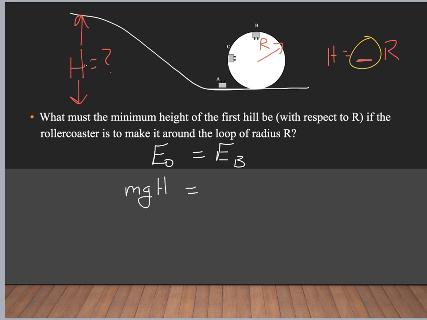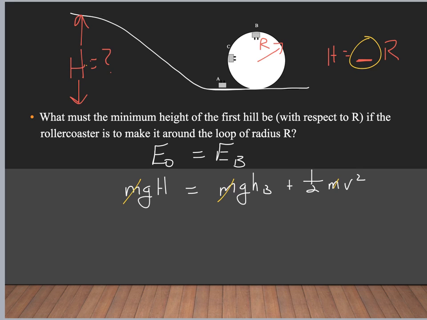At the top of the loop, we still have that height, and we still have to have that minimum speed. Pay attention to this. You will have to solve this type of problem on your own. All right, nice thing is m's cancel. We are looking for h.